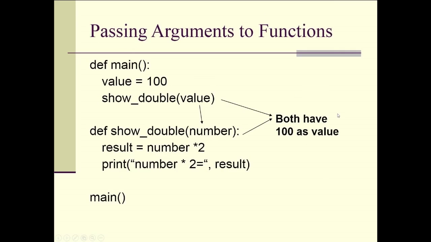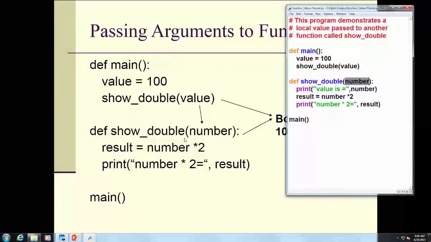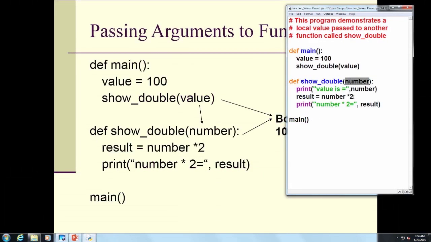So what it looks like is this. You can see that show double here has passed 100 to the variable number in the show double function, and we're going to use that. So now we're going to use that to do this, and when we're finished, of course, we're done with the program.